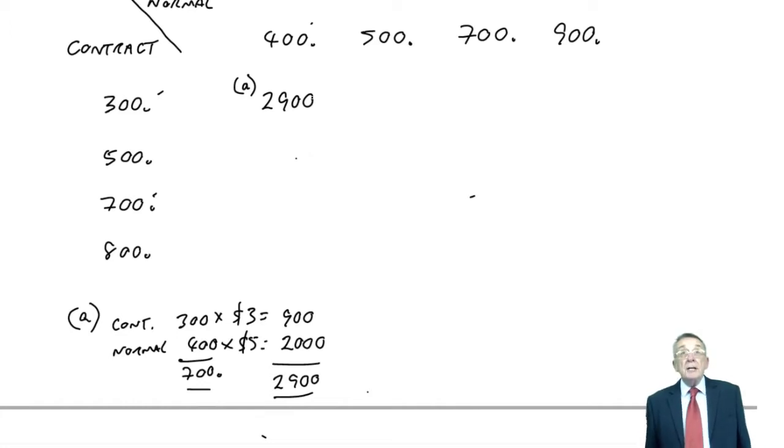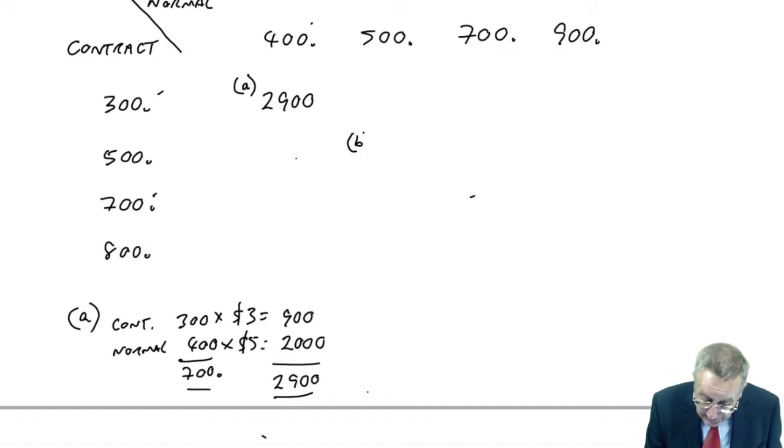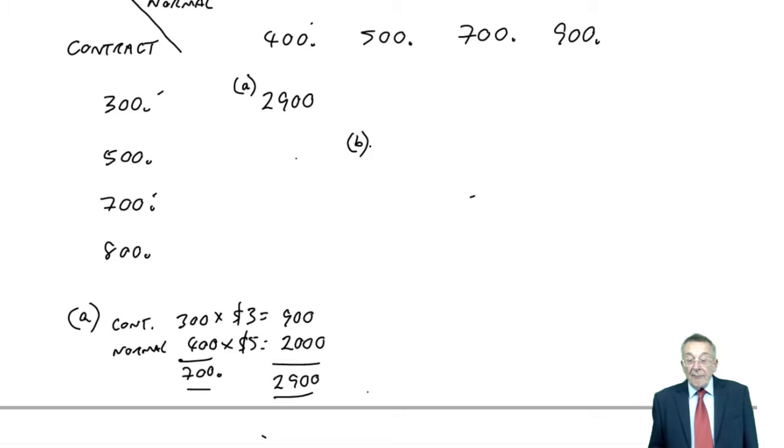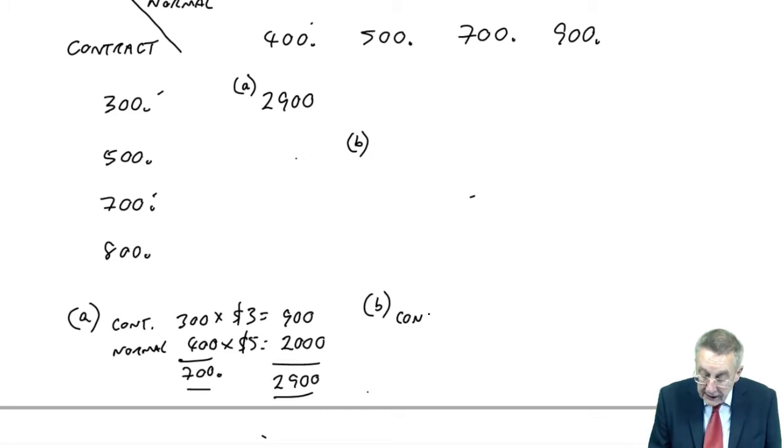I said I'm not going to show workings for all of them, but let's do another 2 or 3. Let's do this one. Contract 500 and normal customers want 500. Well, on the contract, 500, we make $3 a unit profit.